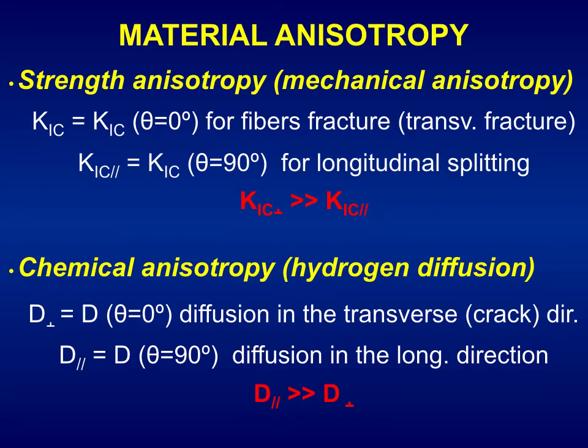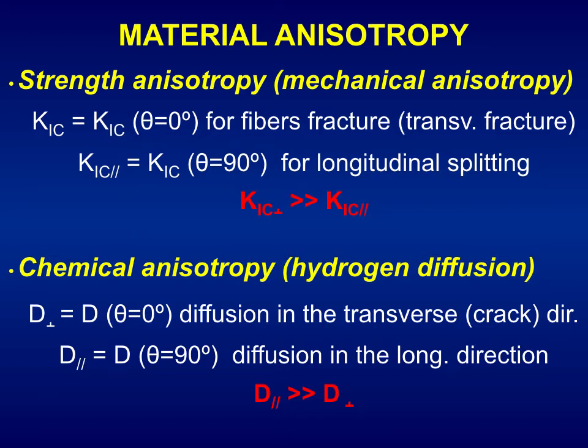Then K1C perpendicular for fibers fracture, transverse fracture, is quite higher than K1C parallel for delaminations parallel to the fibers, or to the plates. In addition to this, we have chemical anisotropy for hydrogen diffusion. D perpendicular, the hydrogen diffusion coefficient for transverse direction in the initial crack direction, perpendicular to the fibers.